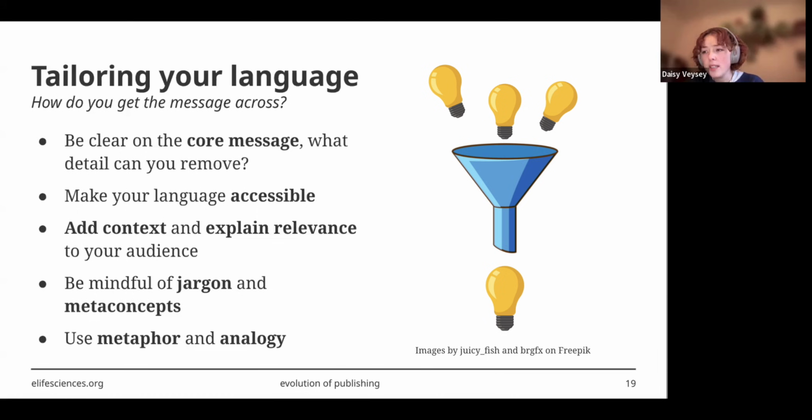And when you work in research, I don't work in research, but I work with researchers, and I think it can be easy to develop blind spots to jargon and to meta concepts. A meta concept, if you're unfamiliar, is essentially an umbrella concept that encompasses a lot more technical knowledge that you as a scientist might take for granted.